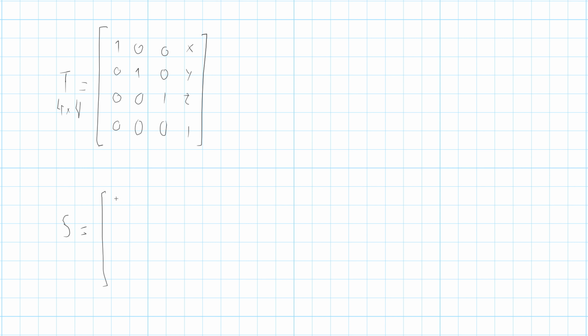It has x, 0, 0, 0, 0, y, 0, 0, 0, 0, z, 0, and then 0, 0, 0, 1. This is our scaling matrix. This is also a 4x4 matrix. Okay.